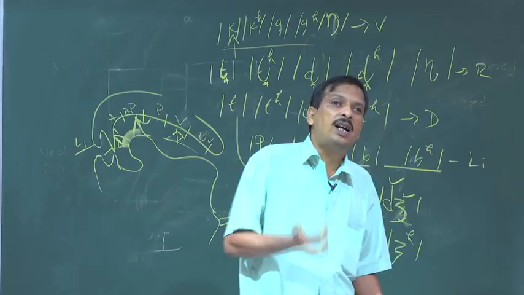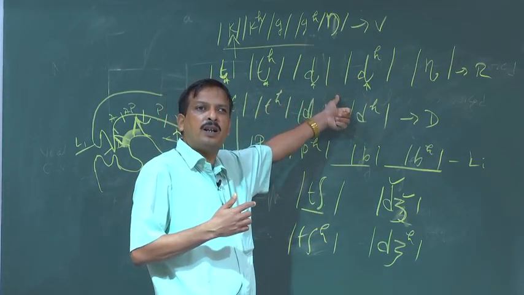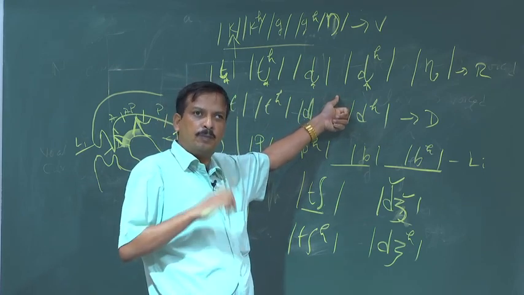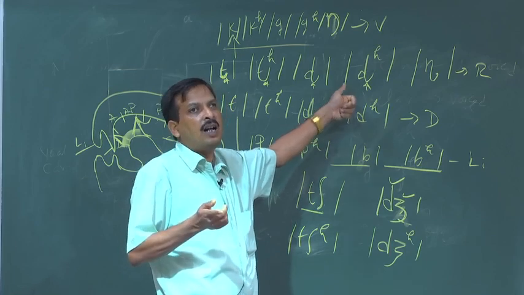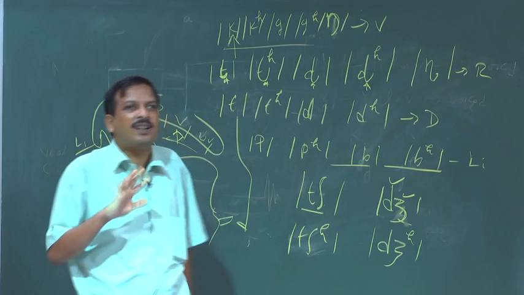But how to write that? Once I know the symbols, I can describe the place and manner of articulation. And if I know the place of articulation and manner of articulation, I can write down the symbol. So, both ways it has to be practiced.